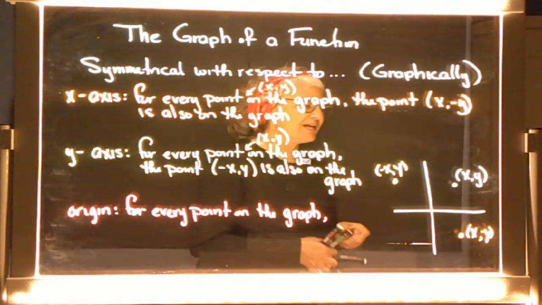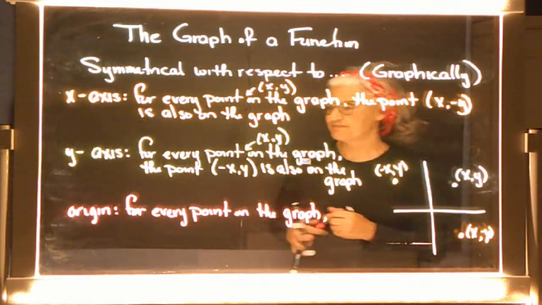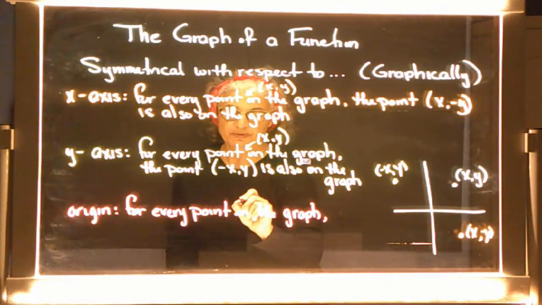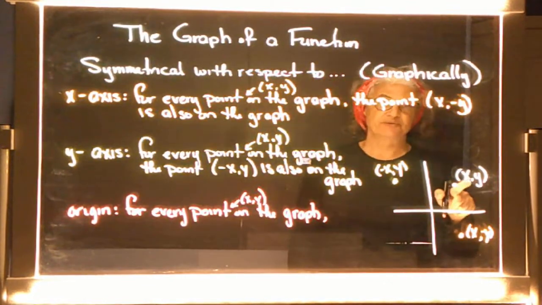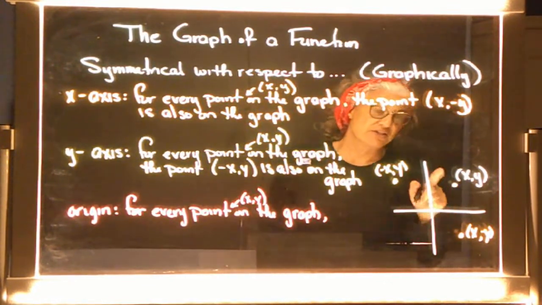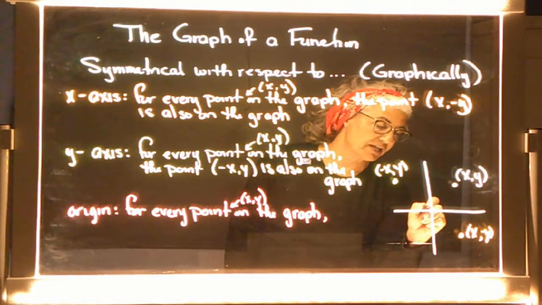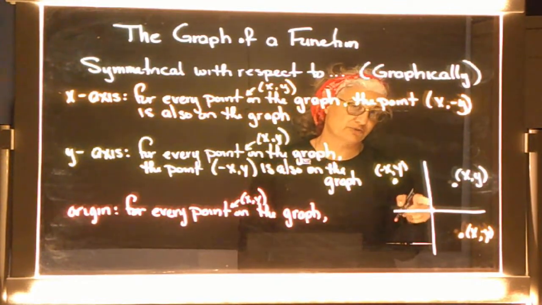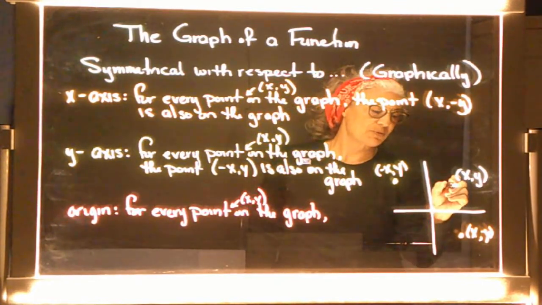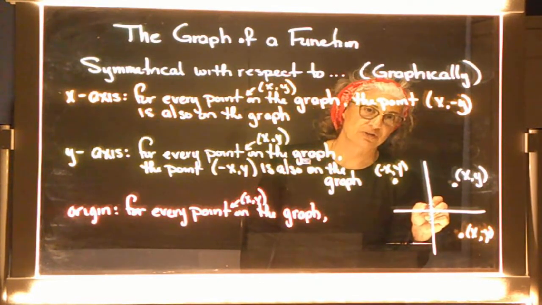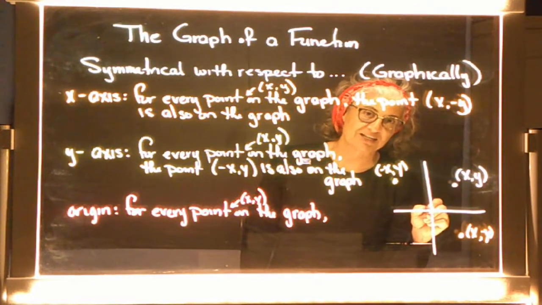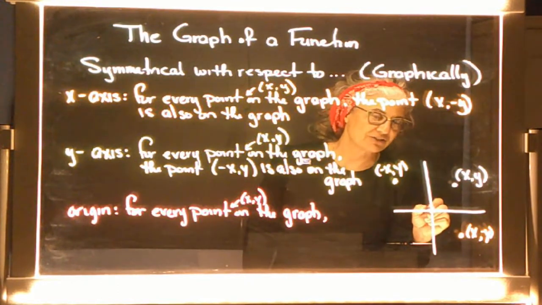Excellent. Let's look at the last symmetry, origin. So for every point x, y on the graph, so now here's the point x, y on the graph. The origin, remember, is where the x and the y-axis intersect, correct? So when this point looks at, just this is now the mirror, where will its reflection end up? Good. I think I heard some of you say it.